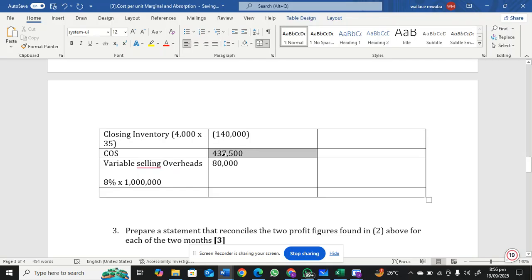So then we add our cost of goods sold plus our variable selling overheads.